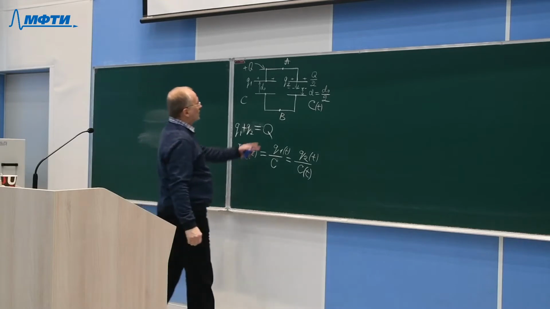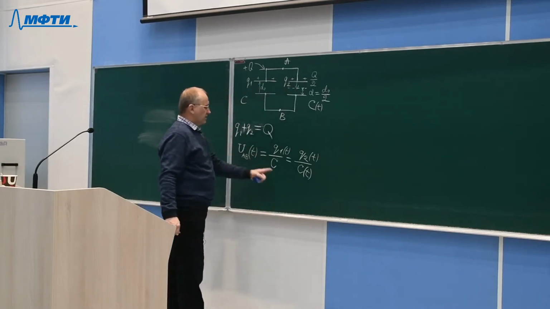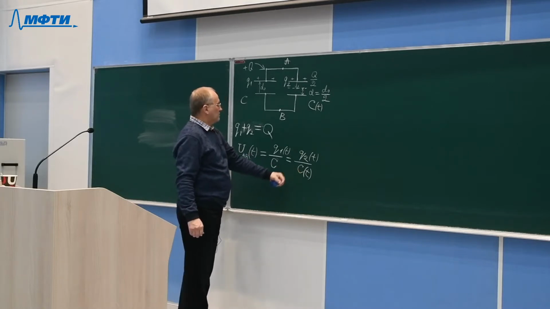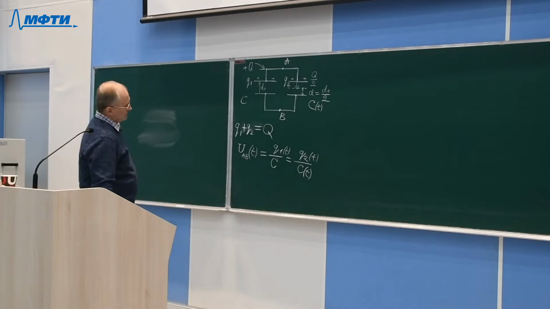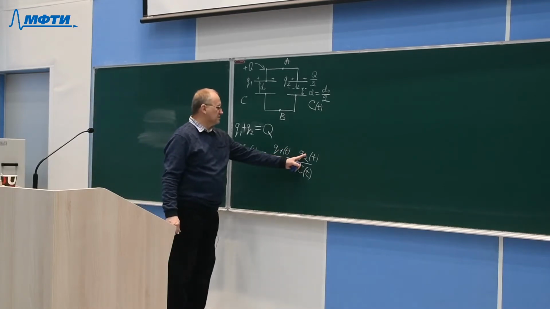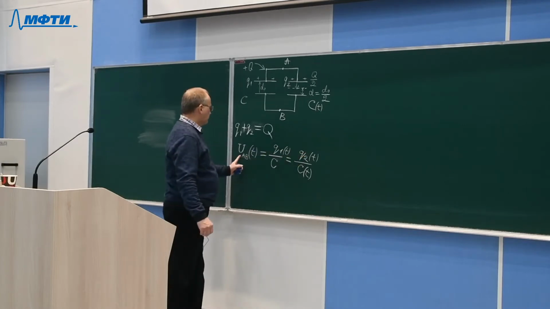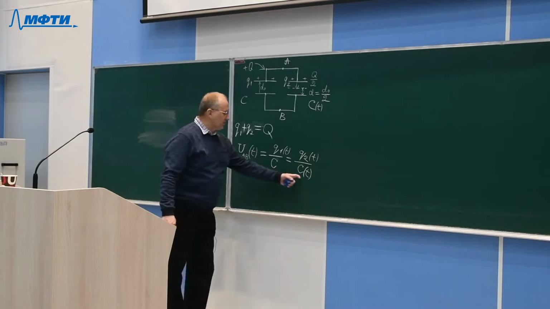We move the upper plate of the capacitor, the distance between the plates is changed, so the capacitance will change for the second capacitor. So we have such a relationship between the charges on each capacitor and the voltage between the plates of this capacitor and the corresponding capacitance.